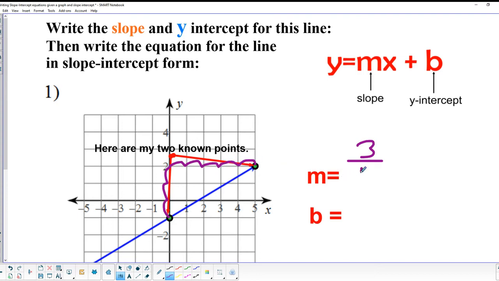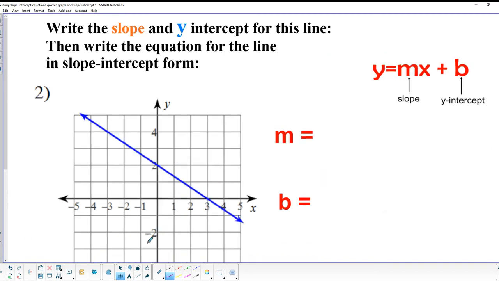So we went over 5. And our y-intercept was negative 1. So our equation is y equals positive 3/5 x minus 1. So there's that particular problem.